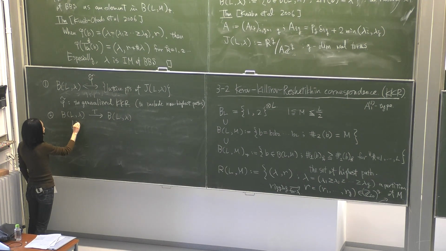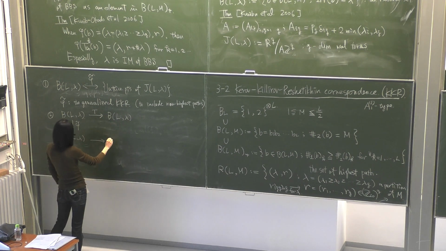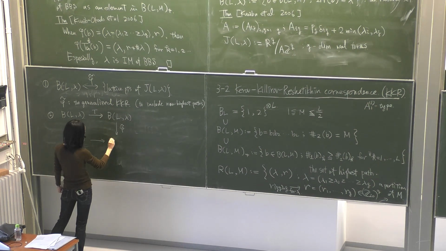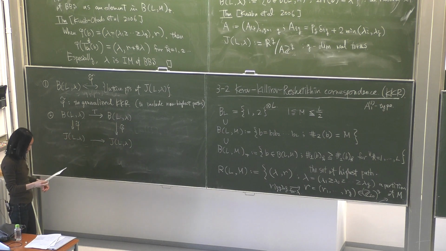On the other hand, we have a generalized KKR map, so we have a point in this G-dimensional real torus, and the time-evolved state again gives some point in the G-dimensional real torus.